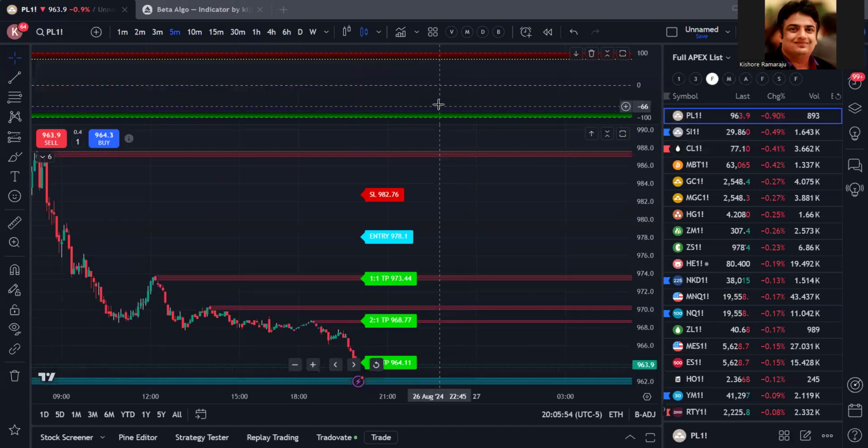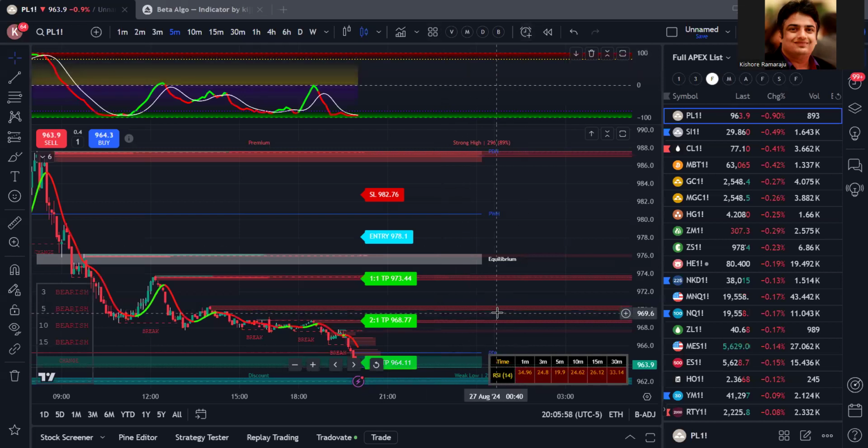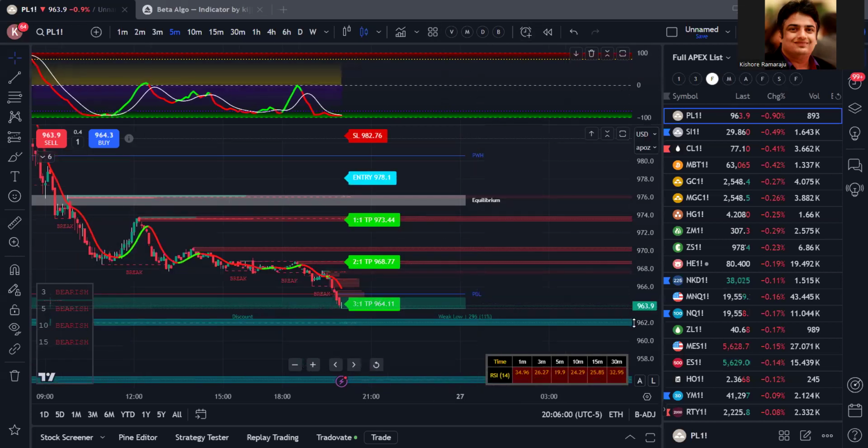You can go and create a sell signal so that you don't need to keep watching the chart.